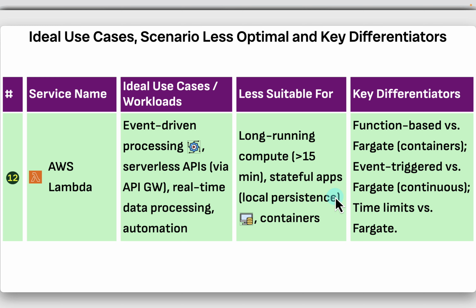And it is not suitable for containers because they are long running, or most of the time they will cross the 15-minute threshold limit. Key differentiators are function based versus Fargate, which is container based. Event triggered versus Fargate, which is continuous. Time limits versus Fargate: Lambda has a limit and Fargate has no limit.